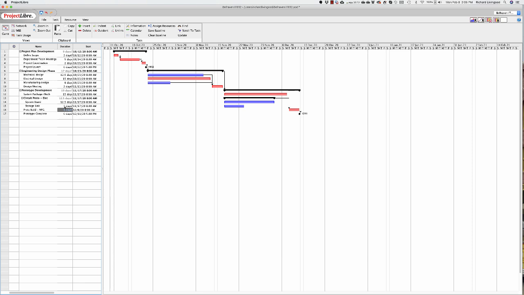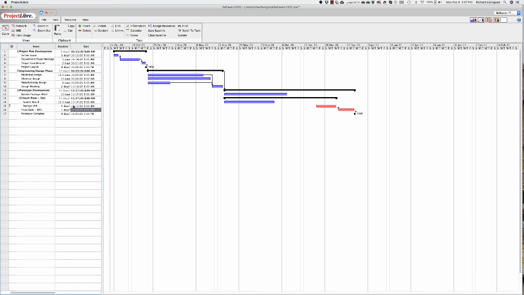There's another example here. Let's say that the system people, we expected them to start on the 17th of November, but they came back and said there's no way. They can't start until the 17th of December.